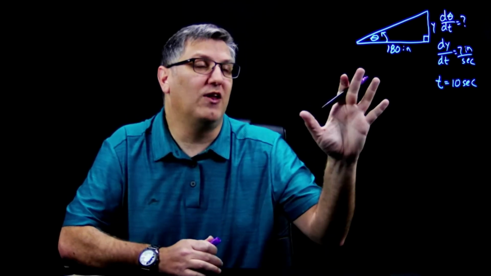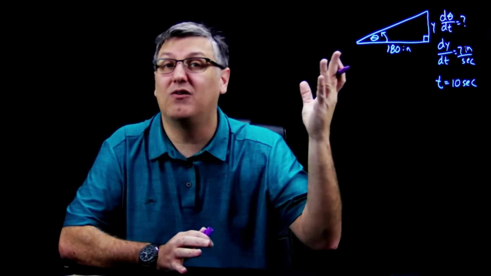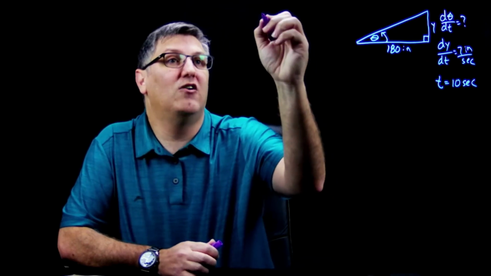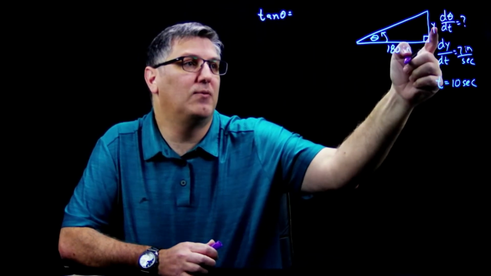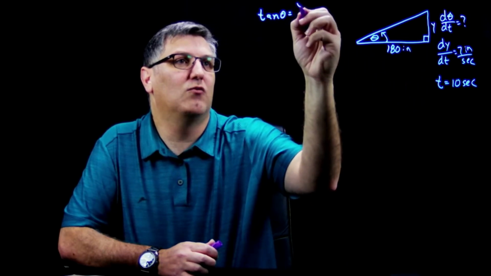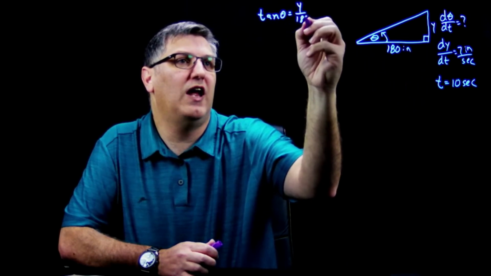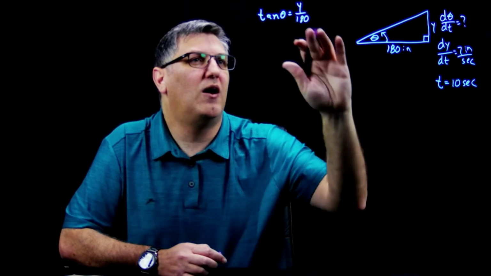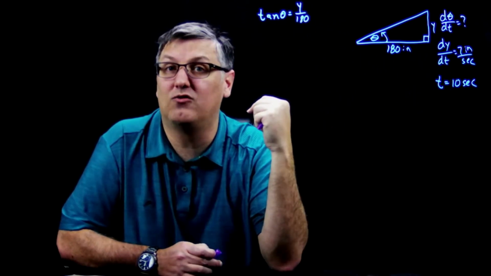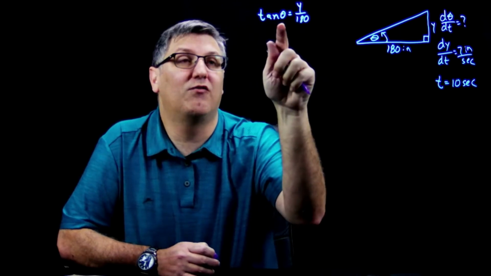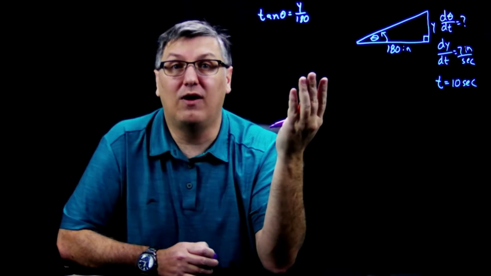I know my trig functions. I know that tangent of theta is my opposite over my adjacent, which is y over 180. I'm not going to write the units because this is an inch, and these are going to cancel out. So that's really just tangent of theta, where theta is an actual radian.